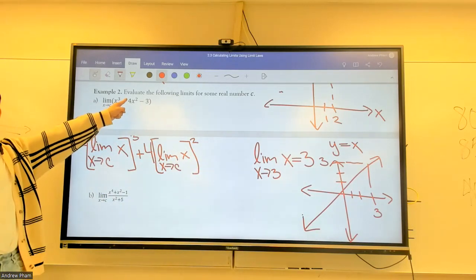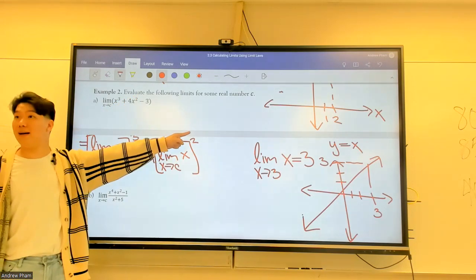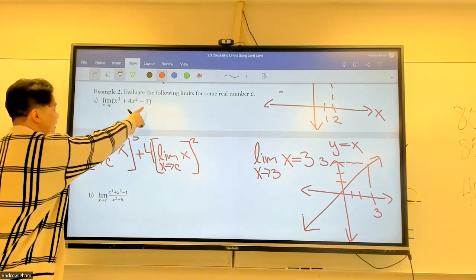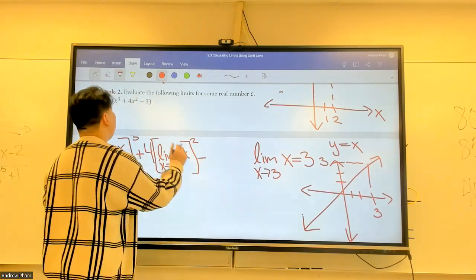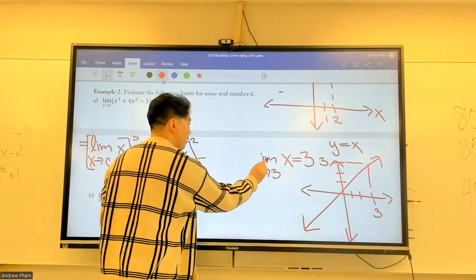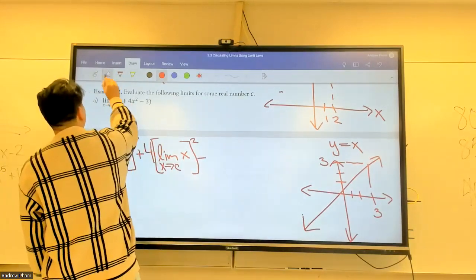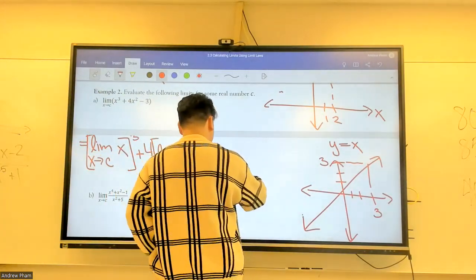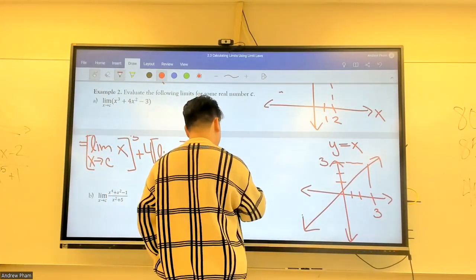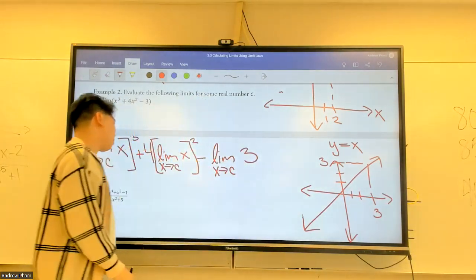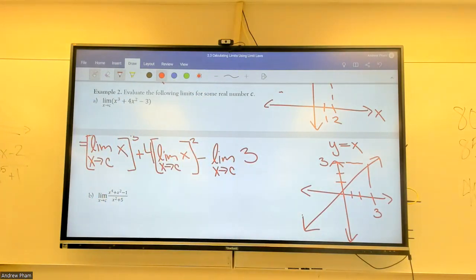Again, there is a coefficient of 4. The square, I can take it outside. And then the same thing here, minus the limit as x goes to c of 3. I'm going to have to erase this side for space. So this is me breaking it down using those limit laws we talked about earlier.